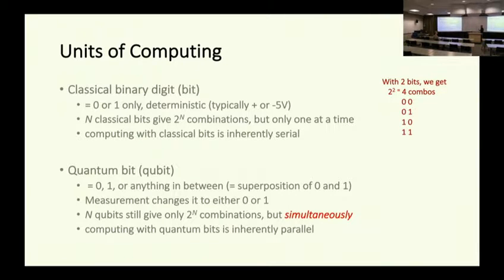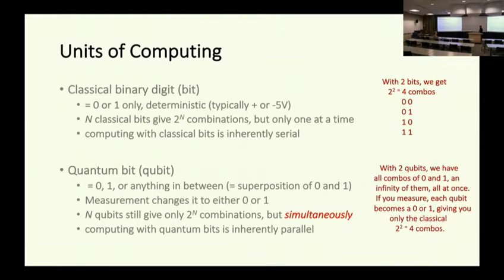But these 2 to the n combinations exist simultaneously. All of them are there at the same time. So if you can do something with that, now we're talking some serious speedup in computing. Basically, computing with quantum bits is inherently parallel.